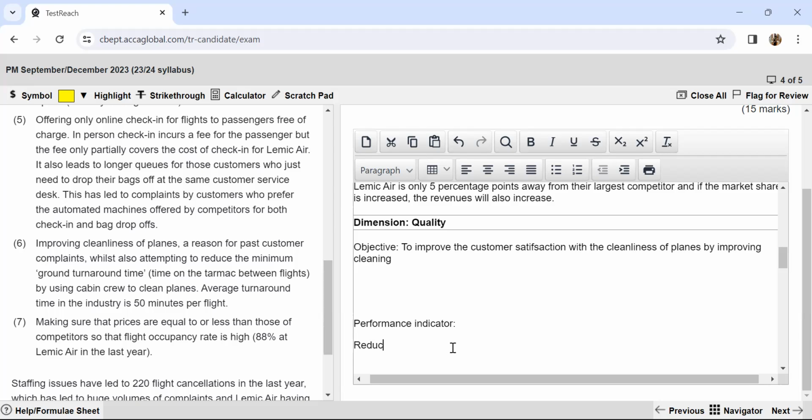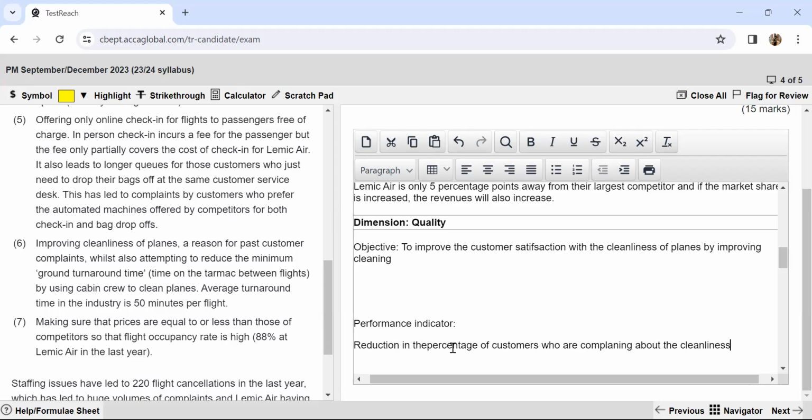So this can be reduction in the percentage of customers who are complaining about the cleanliness in the aircrafts.